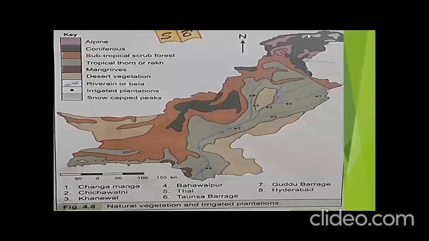Now, if we discuss subtropical dry forest, they usually lie below 1,000 meters. These trees are commonly used as firewood and, in limited amounts, as timber. Then comes the tropical thorn forest. They are open, low forests dominated by thorny hardwoods.